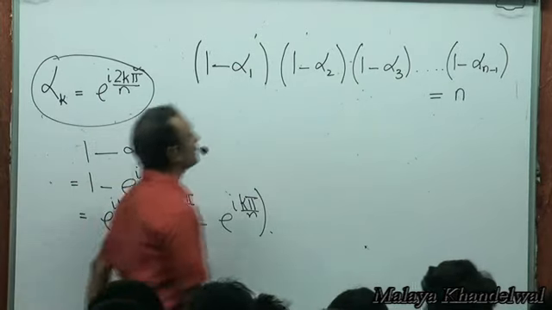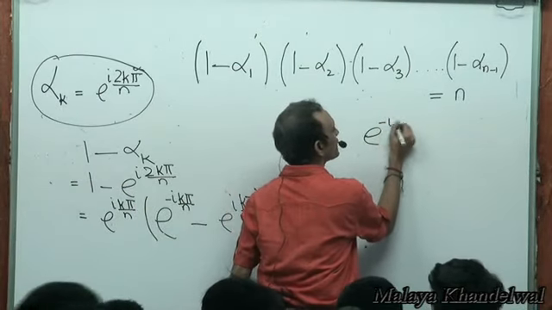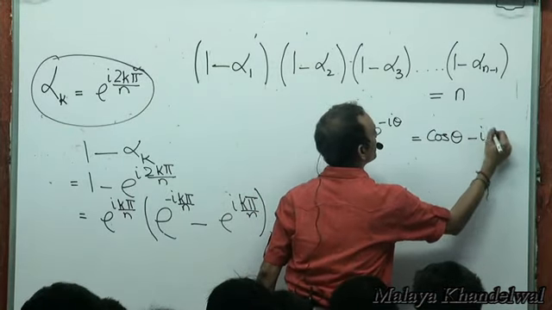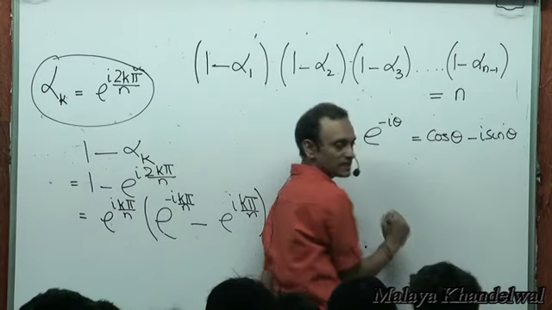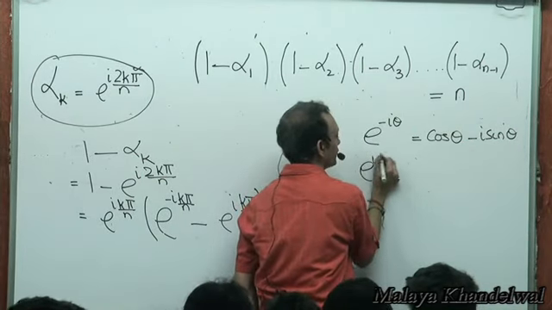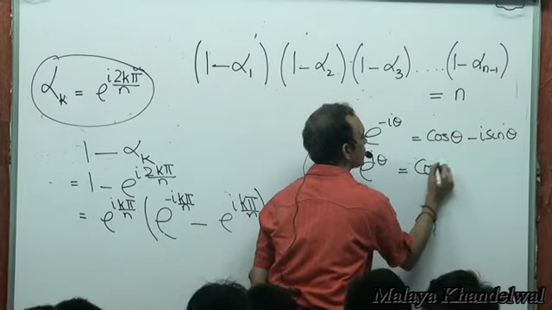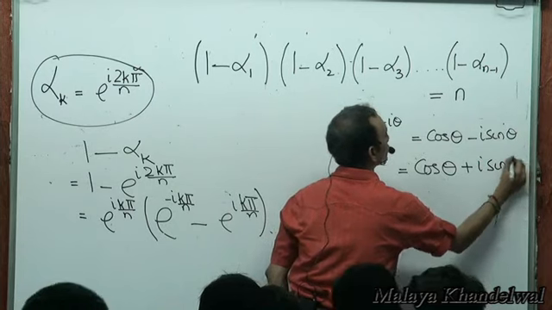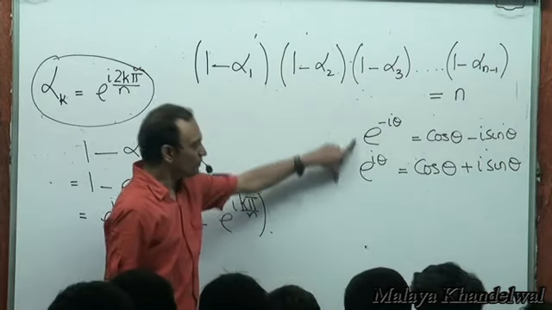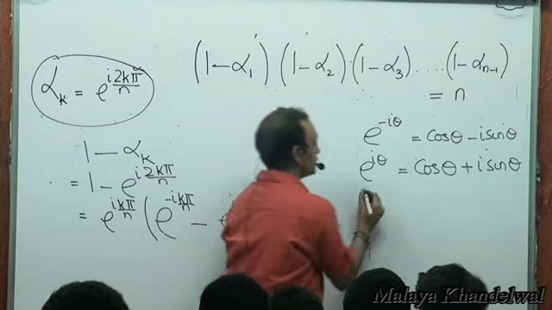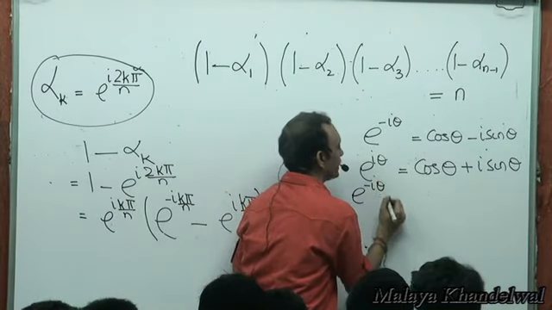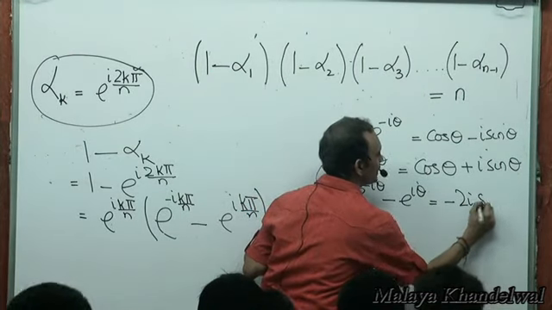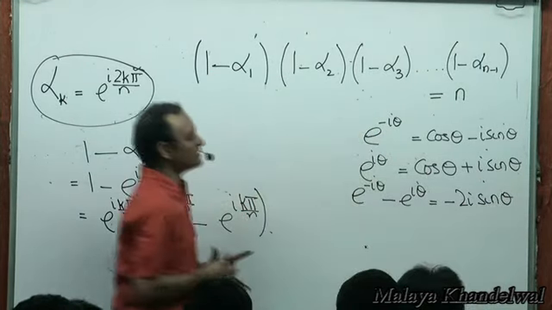Now e to the power minus i theta is cos of minus theta, which is cos theta minus i sin theta, since sin of minus theta is minus sin theta. And e to the power i theta is cos theta plus i sin theta. So if I take this difference, then e to the power minus i theta minus e to the power i theta is going to be minus 2i sin theta.